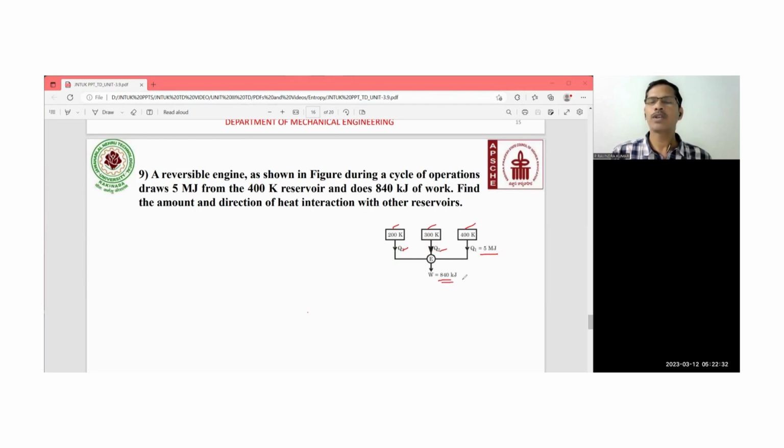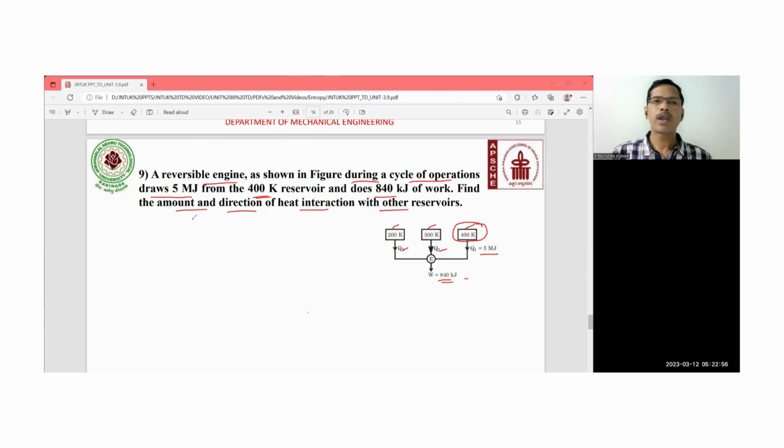Q1 is 5 megajoules, and the net work output is 840 kilojoules. So a reversible engine during the cycle of operations draws 5 megajoules of heat from the 400 Kelvin reservoir and does 840 kilojoules of work. Find the amount and the direction of heat interaction with the other reservoirs.